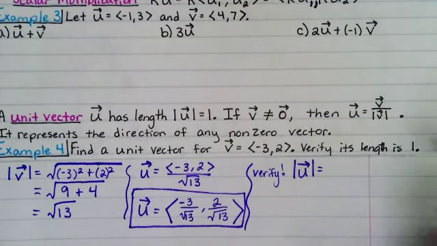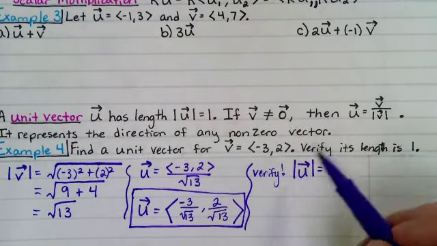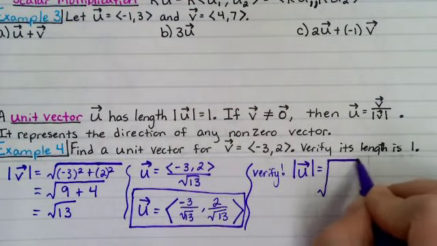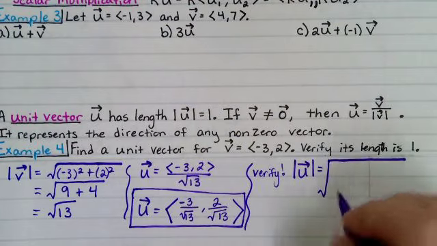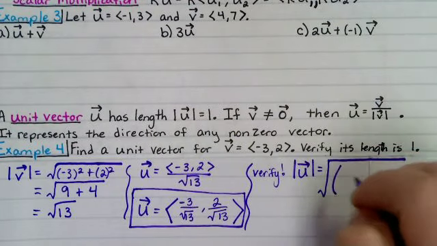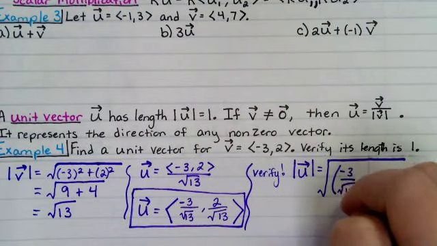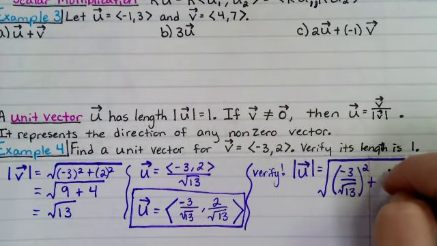So we're going to calculate that. Again, because I've got my components here, then I can use the simpler version, although it's still going to look kind of ugly because we're dealing with fractions. So I'm going to take the a value and square that, and then the b value and square that.